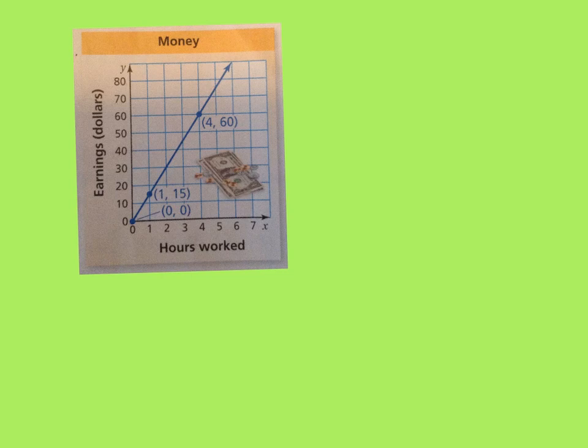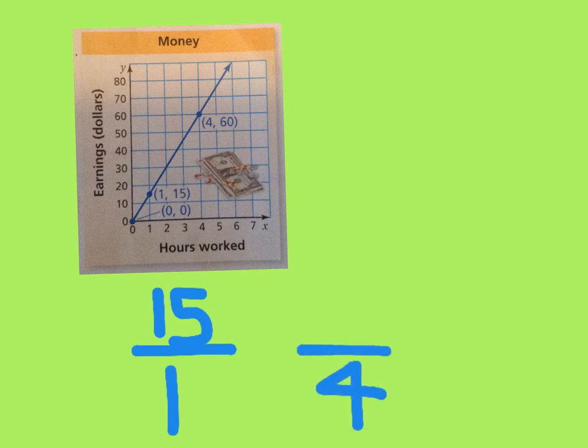So we can put $15 over 1 hour of work. And then the last one we have is 4, 60. So 4 hours of work, we get $60. And we know it's proportional because 4 times 1 is 4, and 4 times 15 is 60. So that's how you interpret proportional relationships in graphs.